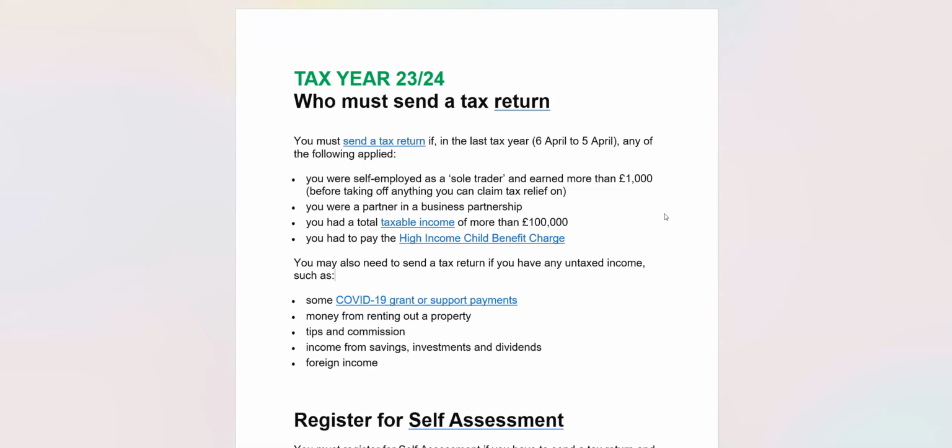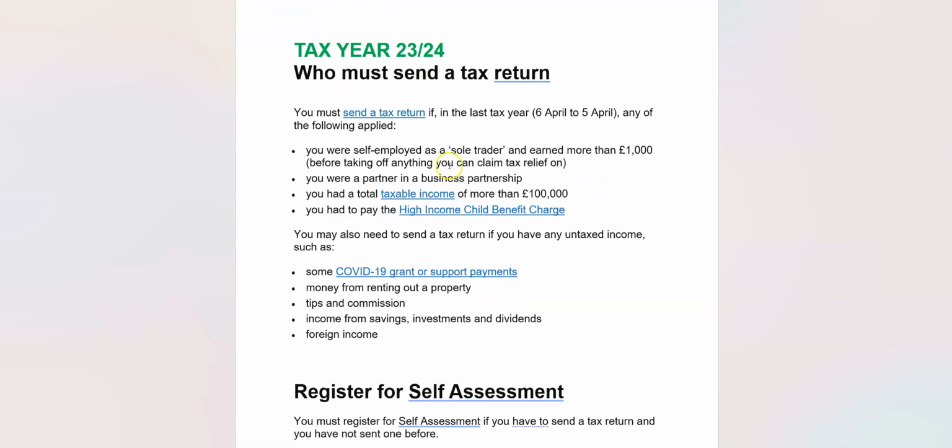We are following the tax year 23 and 24. So the first thing we can see here is who must send a tax return. You must send a tax return if in the last tax year, 6 April to 5th April. Remember that HMRC has a tax year that is 6th April to 5th April.